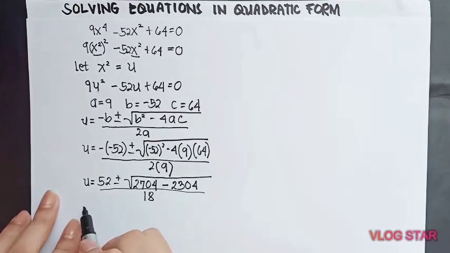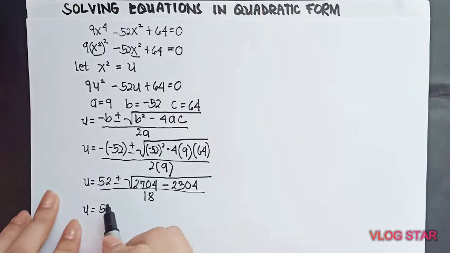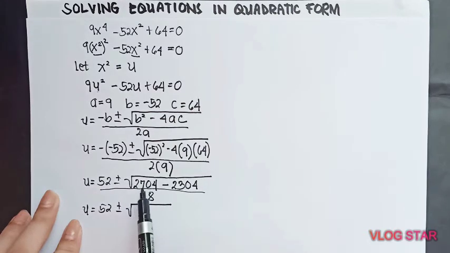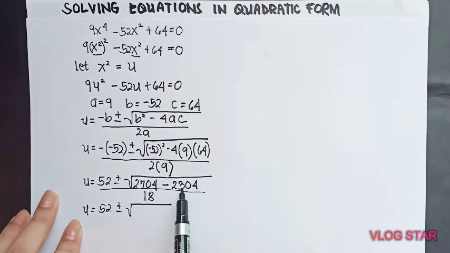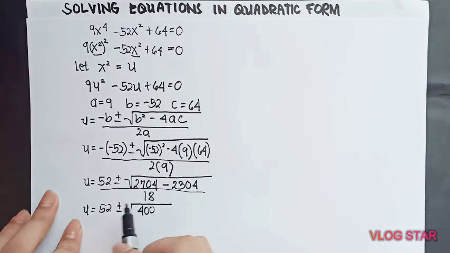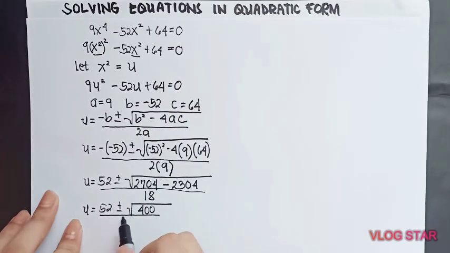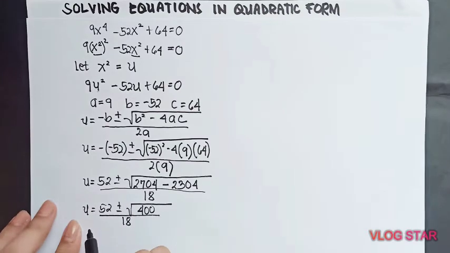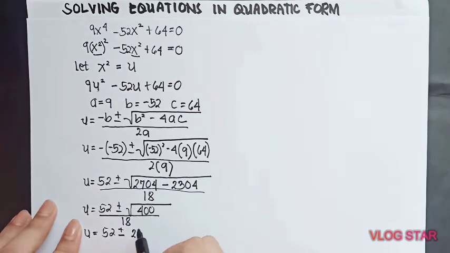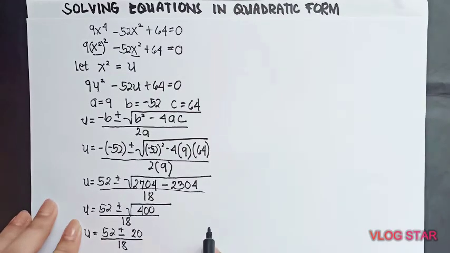Alright, so we have now u equals 52 plus or minus the square root of 2,704 minus 2,304, which is 400, all over 18. So we have now u equals 52 plus or minus, so the square root of 400 is 20, all over 18.